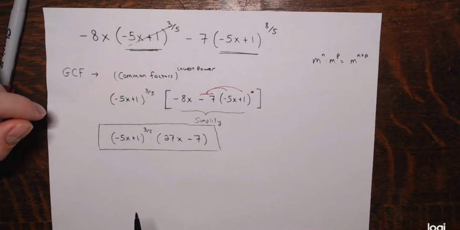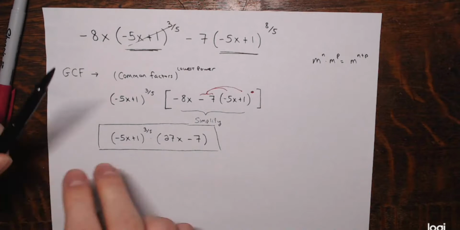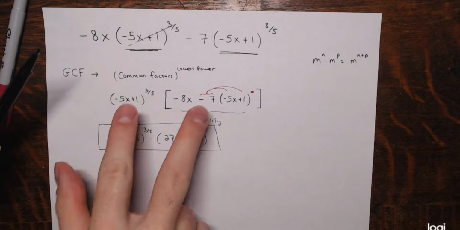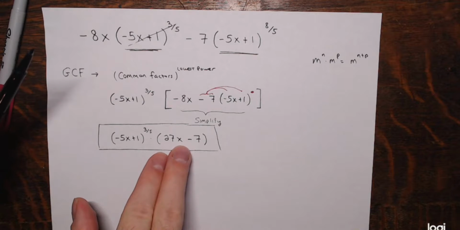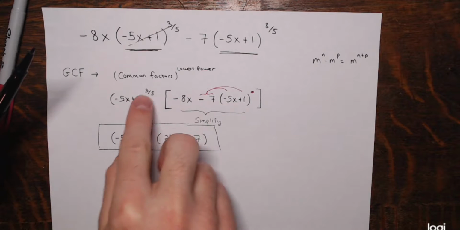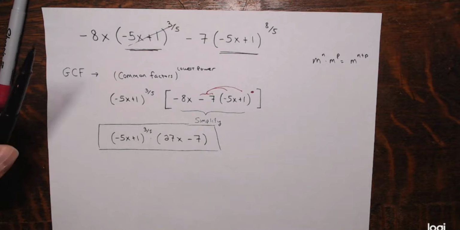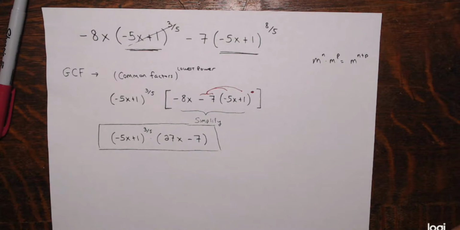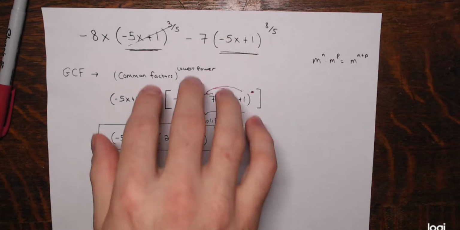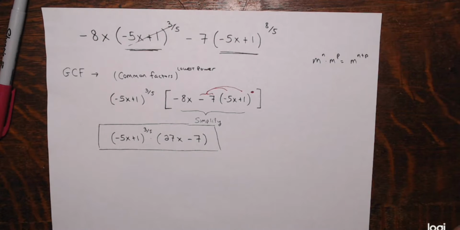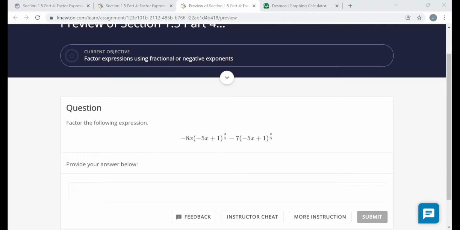And if you want to check, all you need to do is go backwards. This could be rewritten this way, and then if you redistribute, you'll get the original expression back. So if you wanted to check your work, just work backwards, make sure each step going backwards is valid, makes sense, is equivalent. Alright, so back on the assignment page, that's what I shall type.